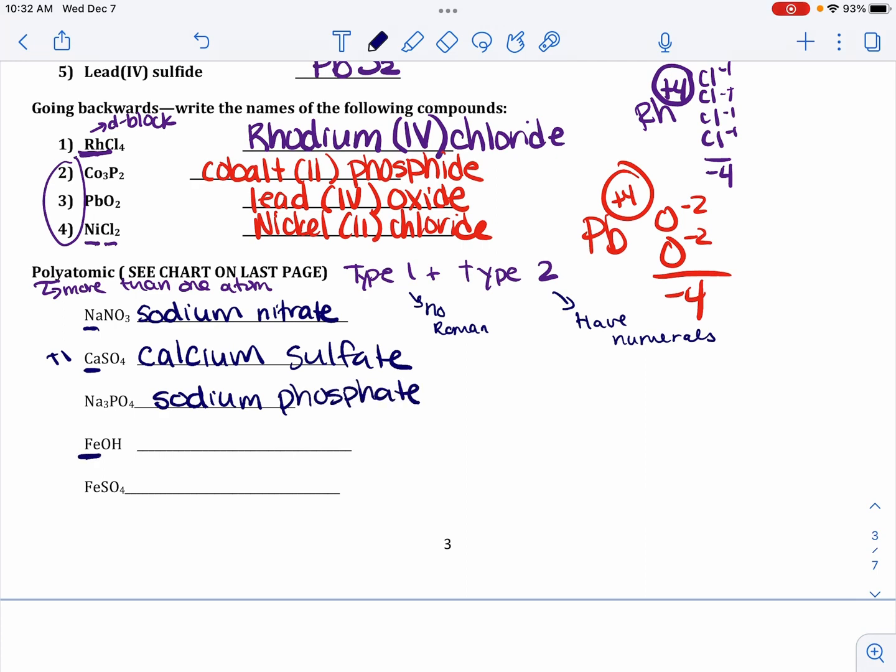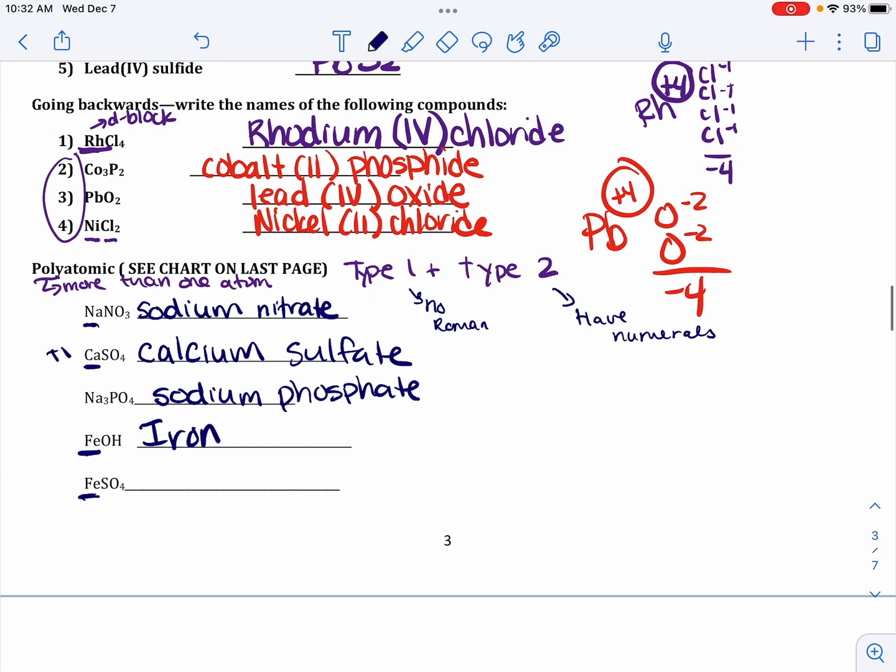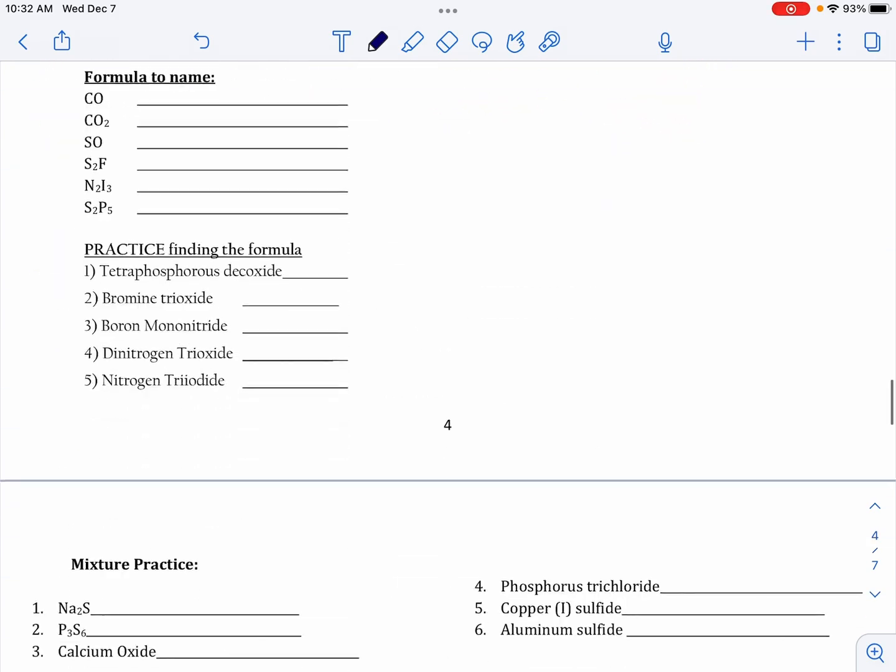Here I want to go through FeOH, because both of these are actually going to be type 2, meaning that we need to add the Roman numeral. So this one will be iron, and then we need to figure out what the Roman numeral and the polyatomic is. If I look on my sheet, I have OH minus.